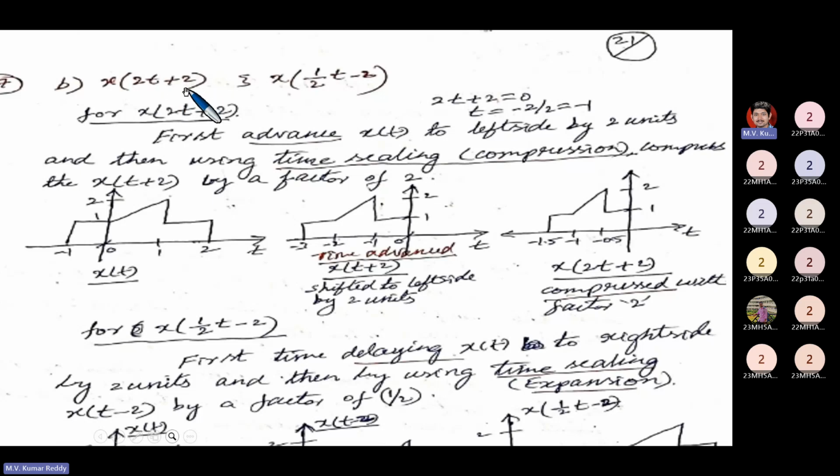Since -2 came, the waveform should be shifted to the left side.